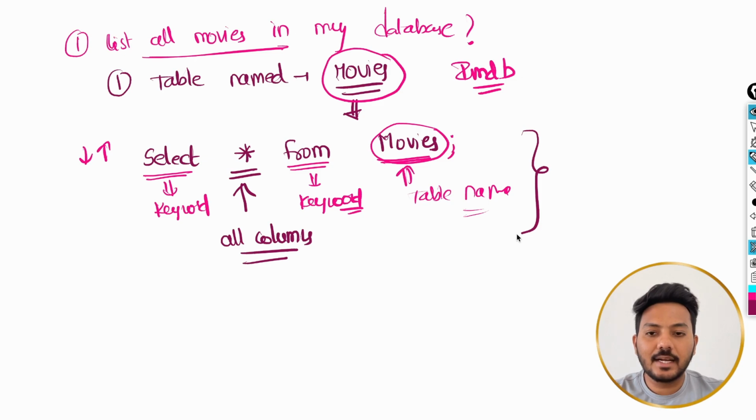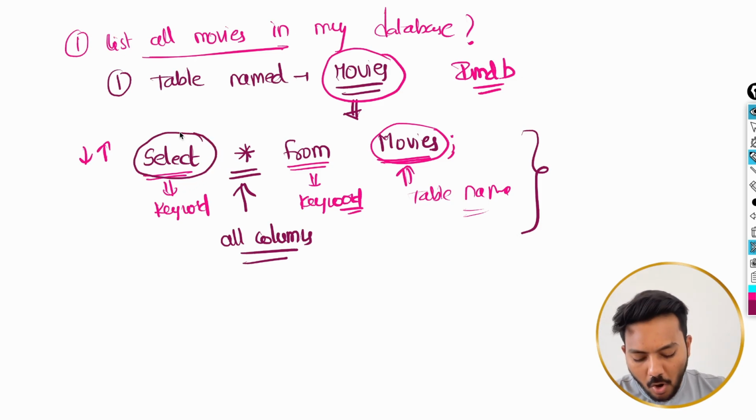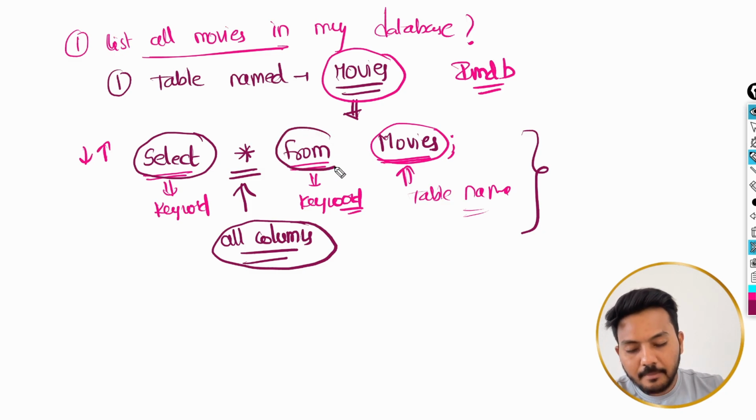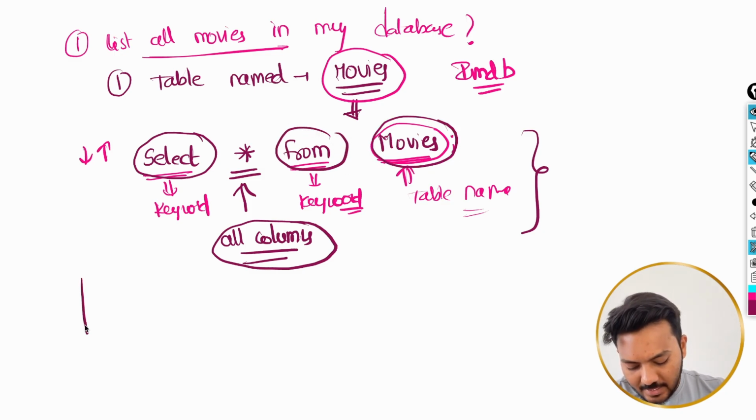Now let's understand this statement in a complete way. We are selecting all the columns from the table called movies. Let's say this is my movies table and there are four columns and multiple rows.